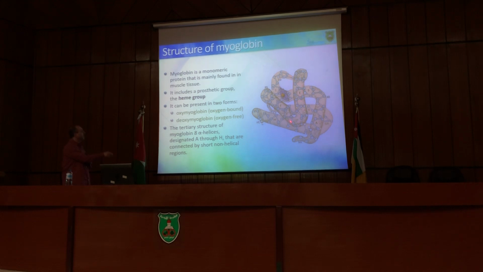Here you have E, F, goes right in the back, G, a turn, and then finally you have H. So that's the structure of myoglobin. It's full of alpha helices. Right in the middle, you have the heme organic molecule. Okay?